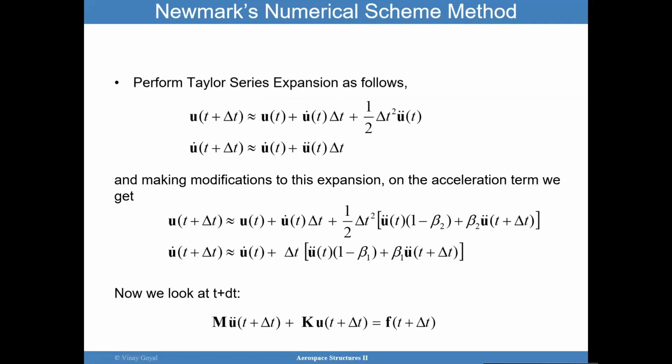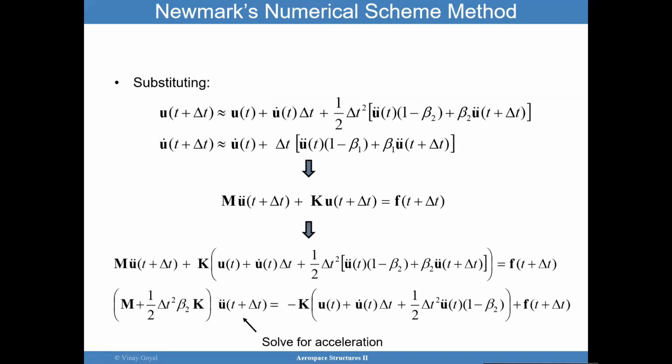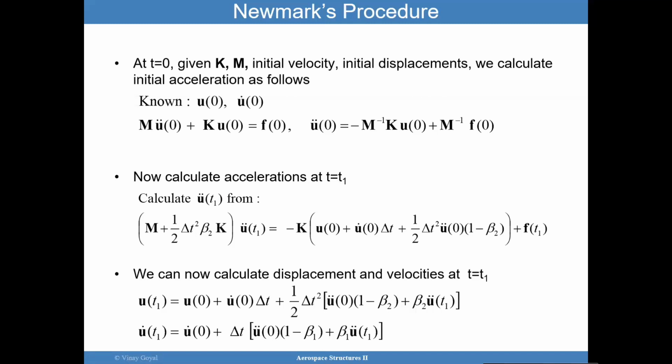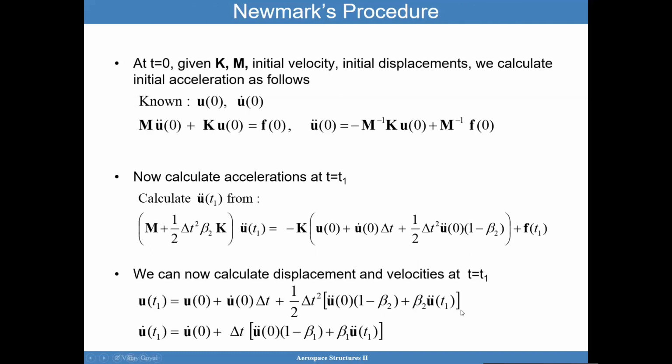Let me step back. We're going to use the equation here at the bottom, the Newmark's method equation, and plug in what's going on at time equals t1, which is what I'm interested in.